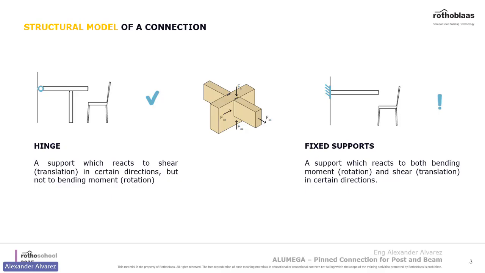As you can see, it's kind of hard to visualize how that would look in a wooden connection. Usually you'll see fixed supports most often when a beam is glued right into the walls. For example, say the wall side is a concrete wall, a concrete core.